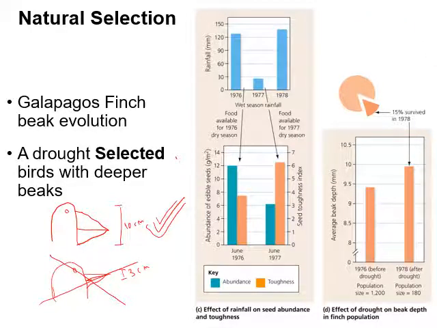Right, so like I was saying before, this is one of the best examples of natural selection because it's an example that you could actually study within your lifetime, right? So we're talking about natural selection and evolution in just 3 years, 1976 to 1978. There was a change even in that short period of time.